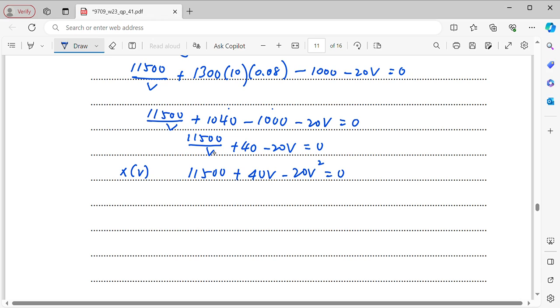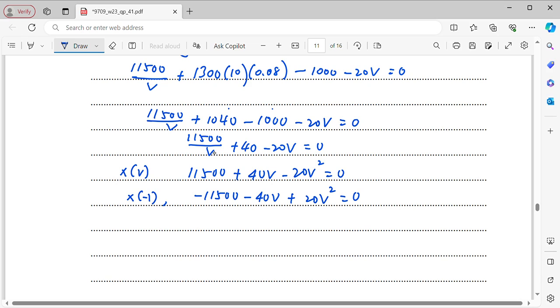Now I rearrange these three terms, it will be 20V squared, or I times negative 1. Okay, I times negative 1 first. So I get negative 11,500 minus 40V plus 20V squared equals to 0.